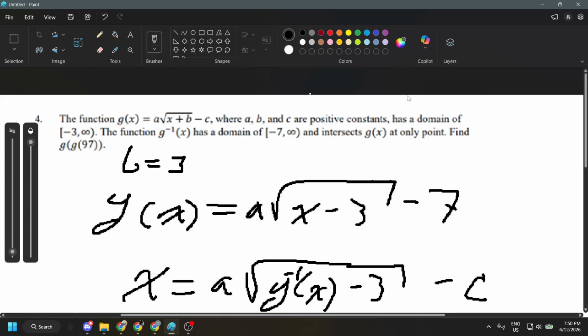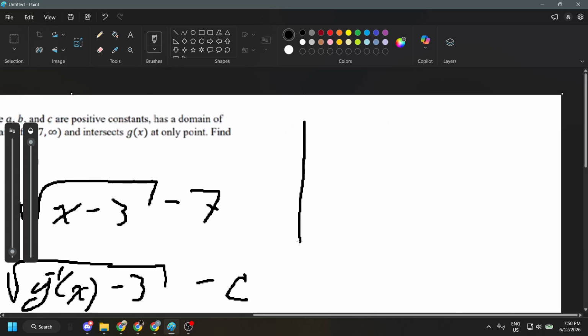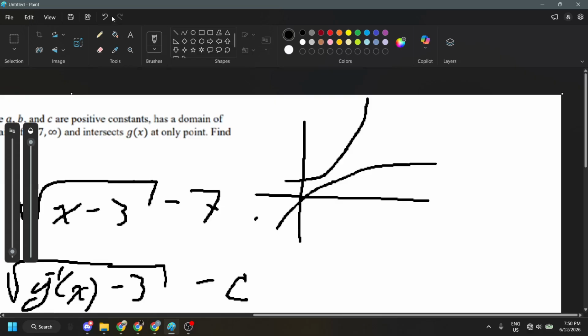Yeah, because if you were to imagine it visually, it would be like this, and the other one, you rotate it about this, this would be at −7, so it'd be like that.